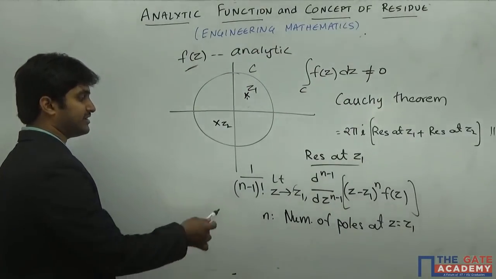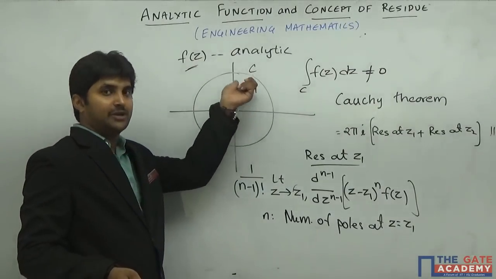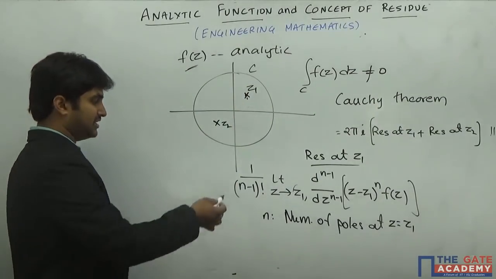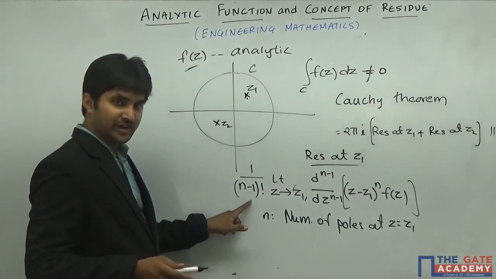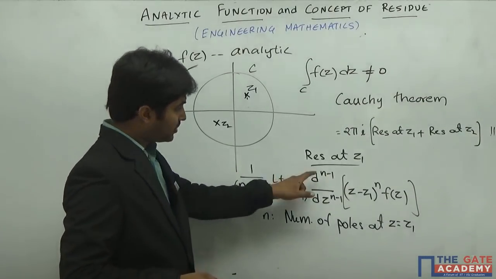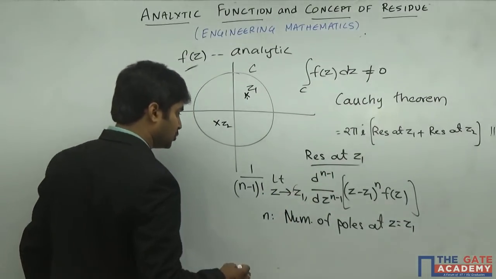Now if the number of singularities is equal to 1, if you have only one pole at that point z1, then the formula is rather simple because n is equal to 1 and 0 factorial is 1. There will not be any derivative, so for n equal to 1 the formula is limit z tends to z1 of (z minus z1) into f of z. Whenever you have repeated singularities at a particular point, you use the formula 1 by n minus 1 factorial, limit z tends to z1, the n minus 1th derivative of (z minus z1) whole power n into f of z.